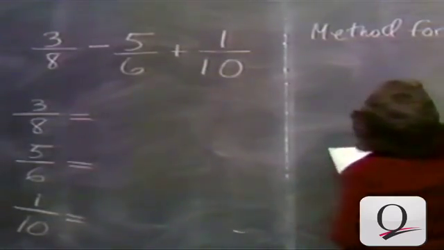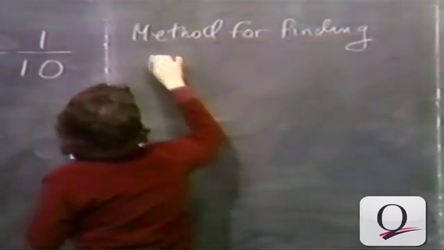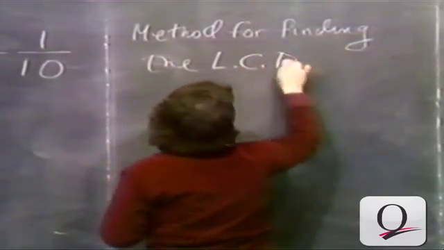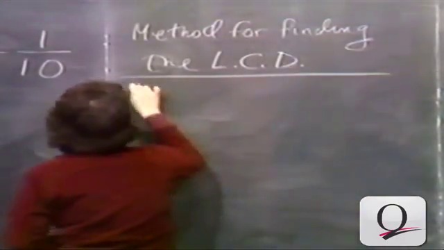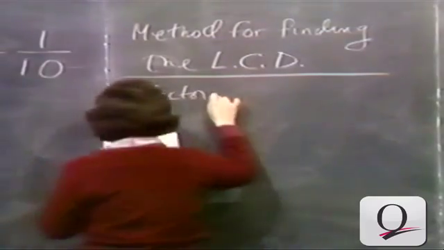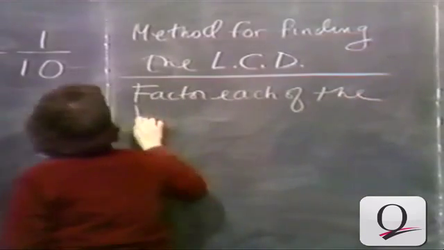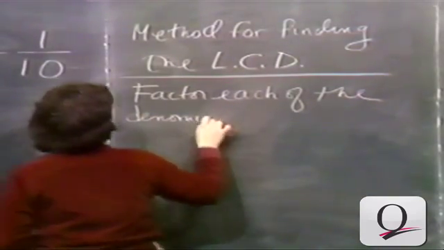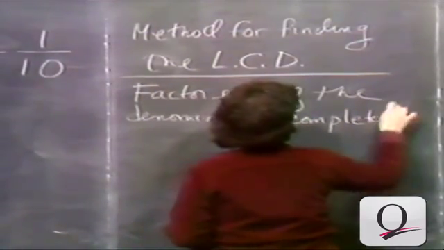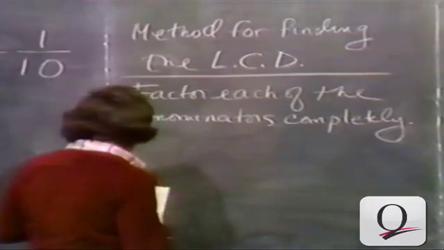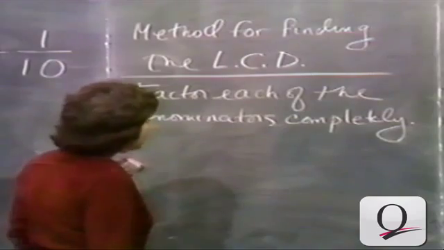Method for finding the LCD, lowest common denominator. Factor each of the denominators completely. If you have an integer, I would want you to write down the prime factorization.